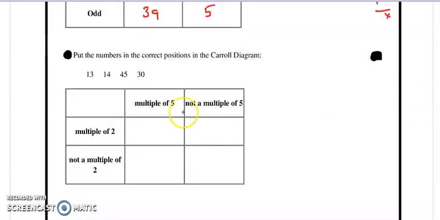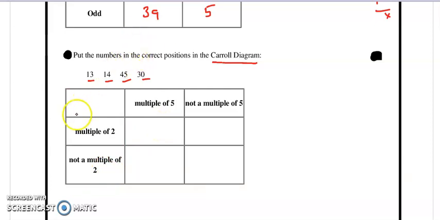Next, here is another example: put the numbers in the correct position in the Carroll diagram. We have again four numbers, 13, 14, 45 and 30, and we want to put them in this Carroll diagram. This will put them in the categories of multiple of 2 and not multiple of 2, and multiple of 5 and not multiple of 5.